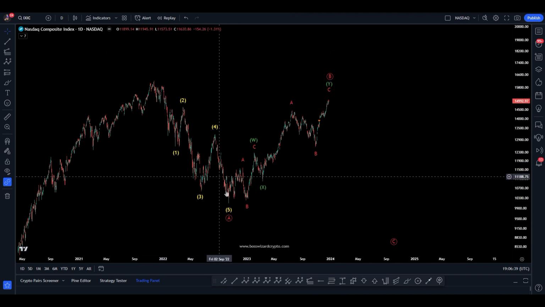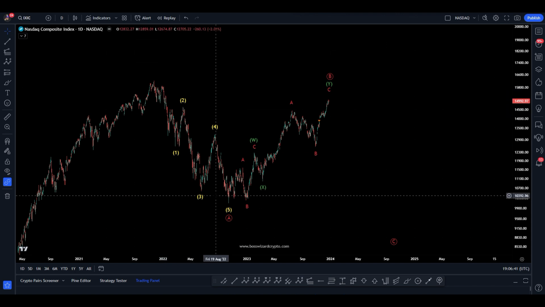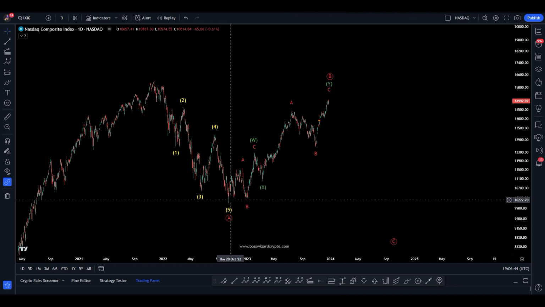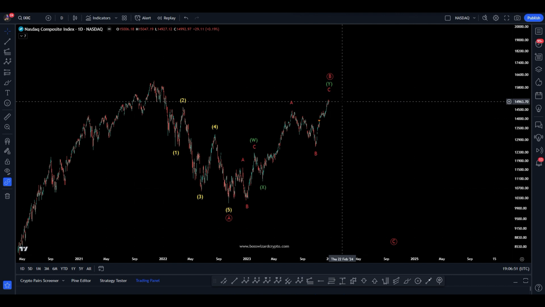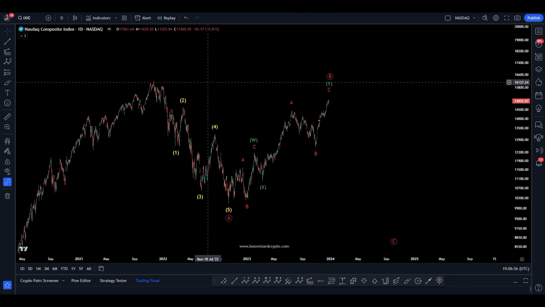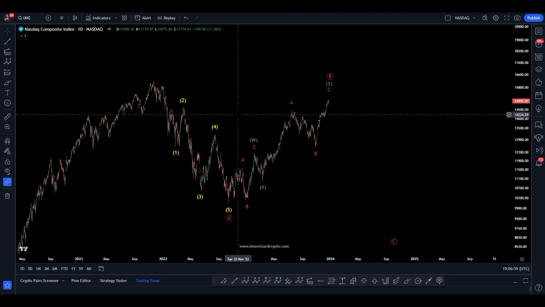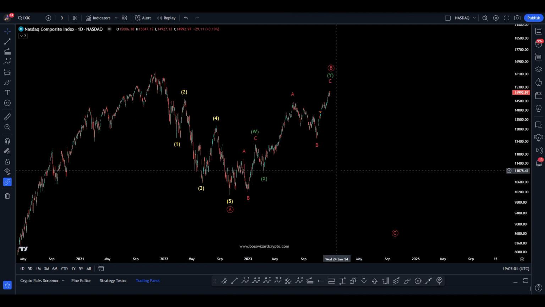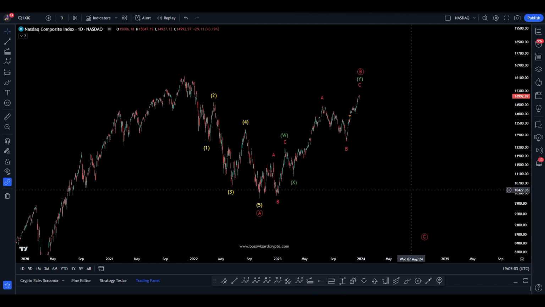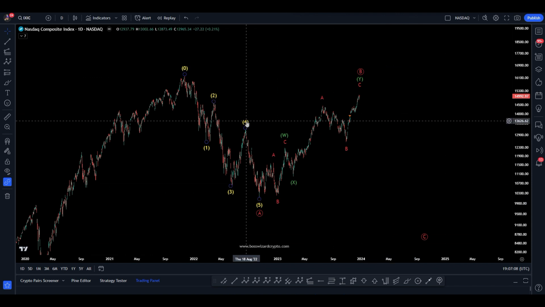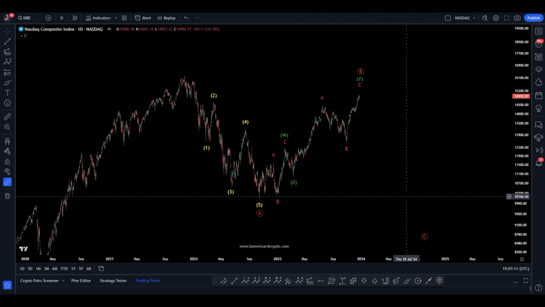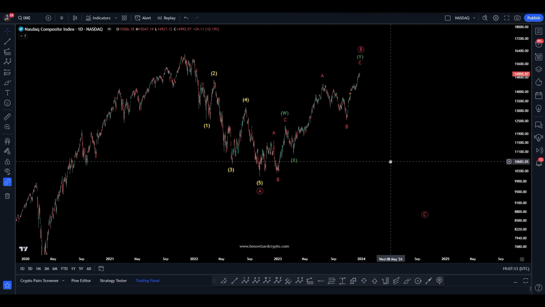The reason being is because this one seems much further off from breaking this high than the other indexes do. I can always change it back. I can make this a triple zigzag too. It's not a big deal. We'll see how it ends up. Regardless, I think you're going to wind up in the same spot, which is going to be somewhere down here.